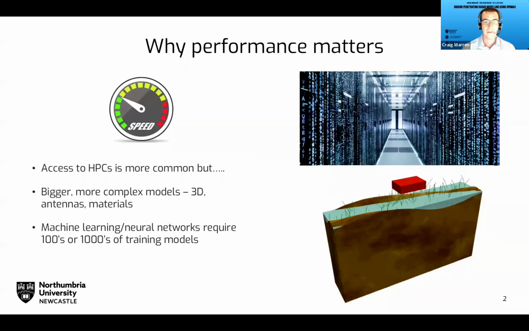So access to larger amounts of compute power is definitely becoming more common and easier. And on top of that, we have things like cloud compute, which is another direction that is making it a bit more accessible.